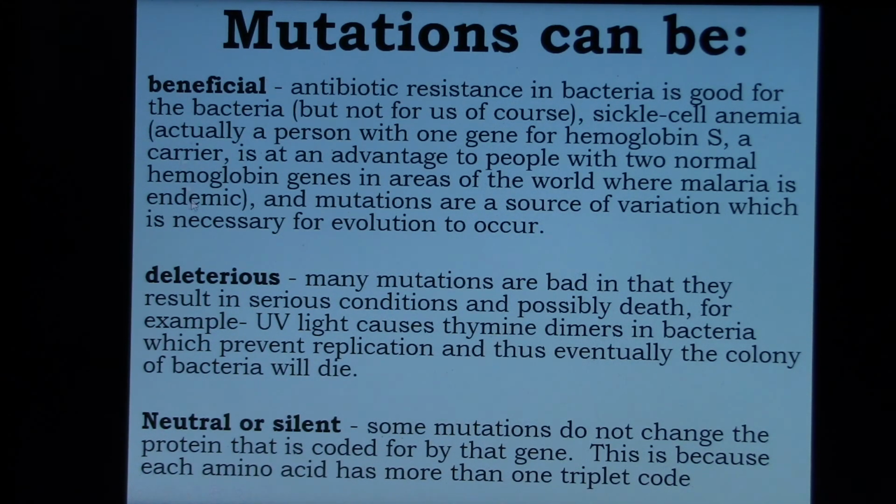But mutations can be beneficial, mutations can be deleterious, or they can be neutral or silent. So beneficial mutations are those that occur, whether they're spontaneous or induced, but they occur and the protein is better. It provides an advantage to the individual.